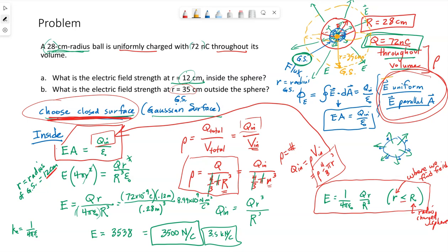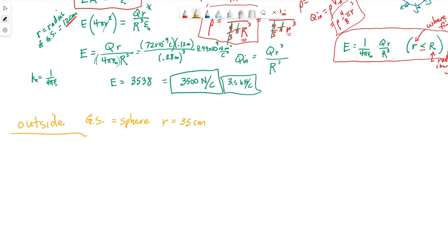Okay, by drawing another sphere centered on the actual charged ball, that is a sphere, we are again meeting these criteria where E is uniform, E is parallel to A, which means the flux through this Gaussian surface can be written both as E times A, so the strength of the electric field as it passes through this surface area of the sphere that has a radius of 35 centimeters.